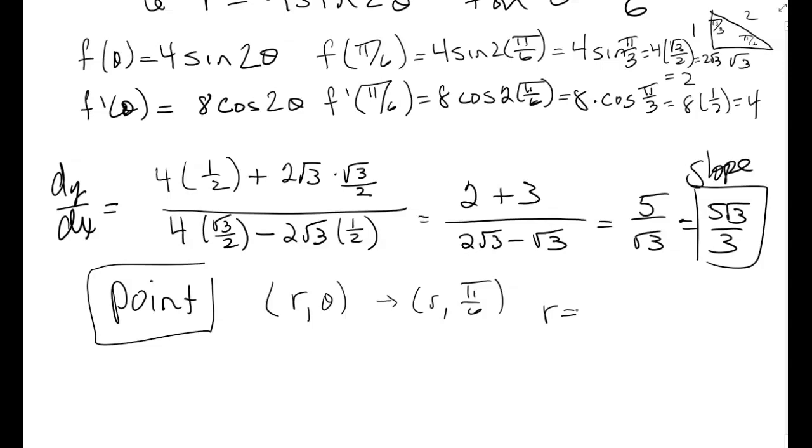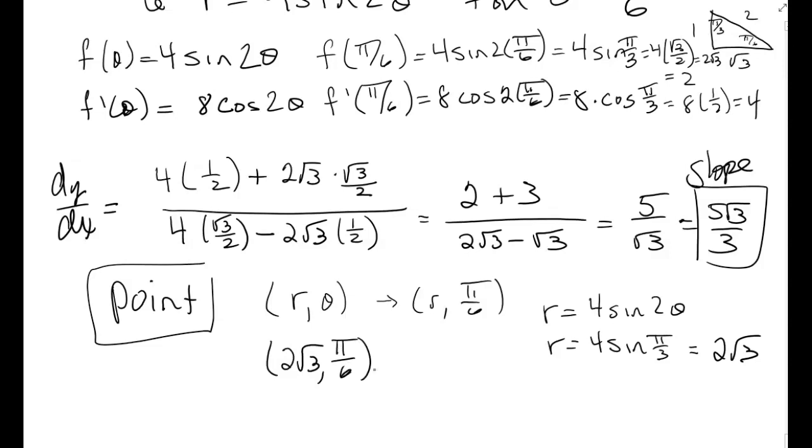Just go back to your original equation, which was 4 sine 2 theta. So r is 4 sine pi over 3. And sine of pi over 3 is square root of 3 over 2. So it's 2 radical 3. So my polar coordinate is 2 radical 3 comma pi over 6.